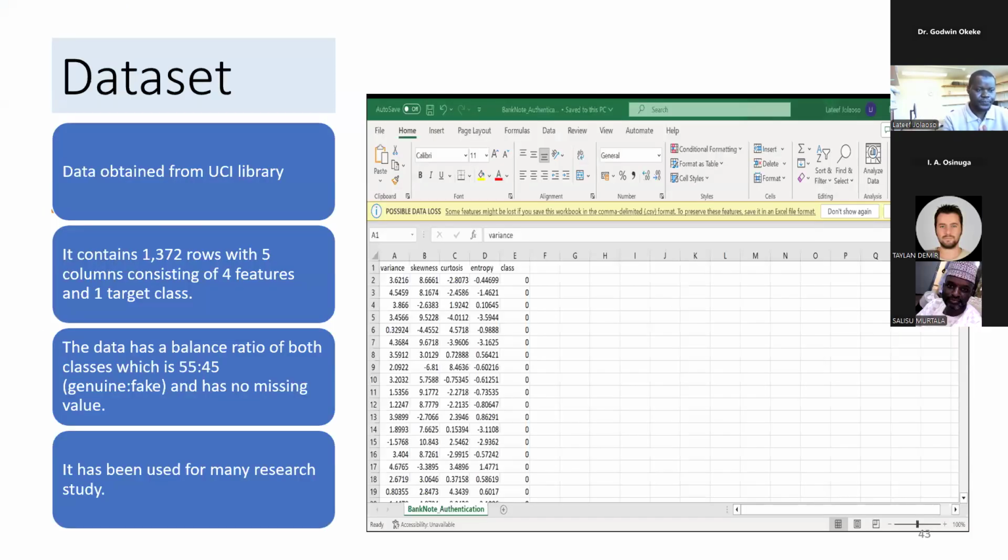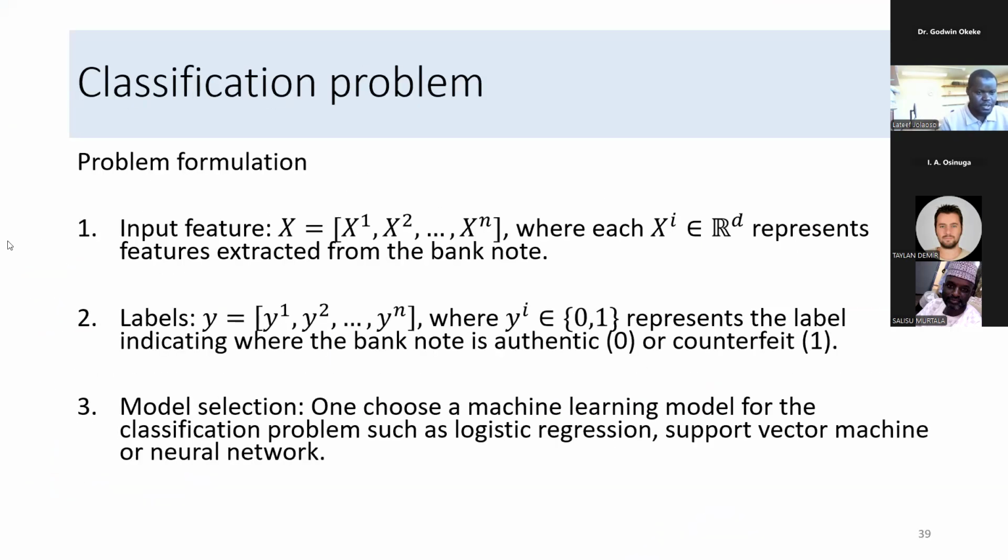So we have the input features, which are features that are extracted from the banknotes. It can be numbers, it could be images, and many other features that are extracted from the data set. As well as that, we have a binary number, either 0 or 1, which determines if a banknote is authentic or a counterfeit.